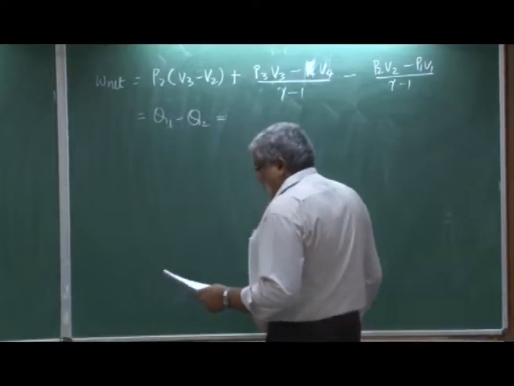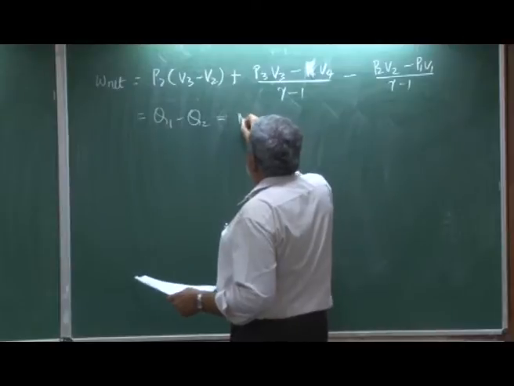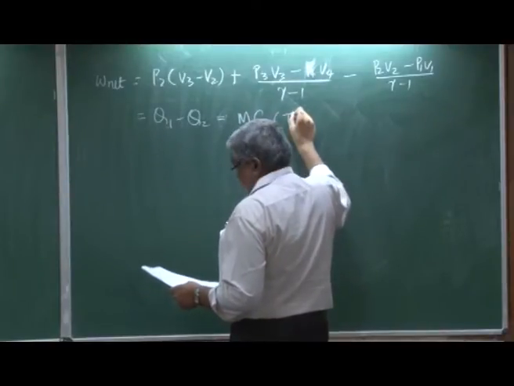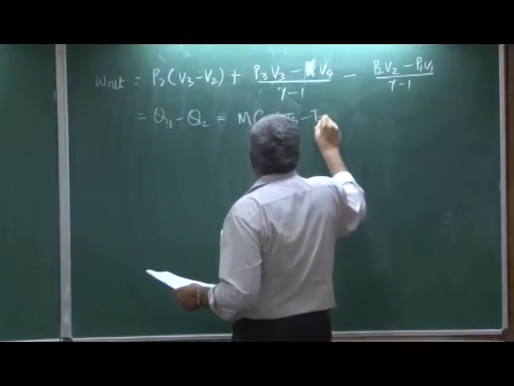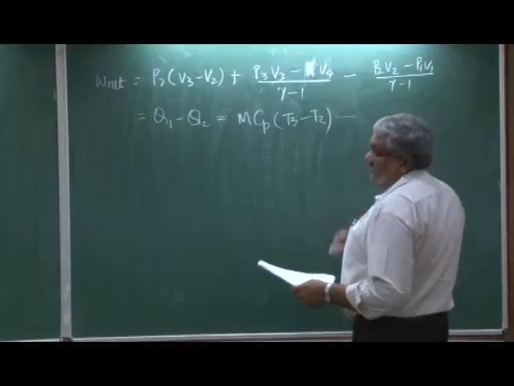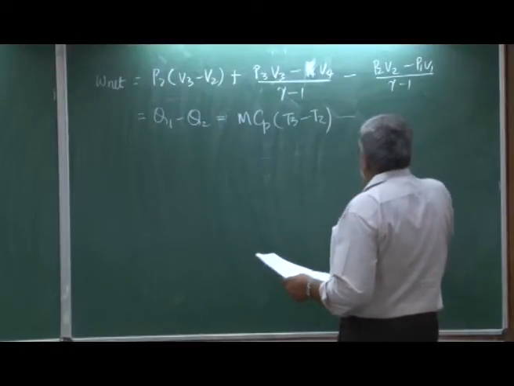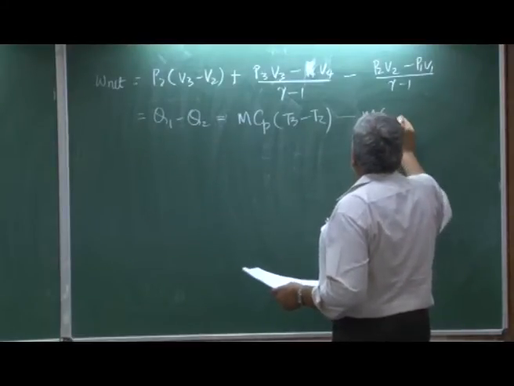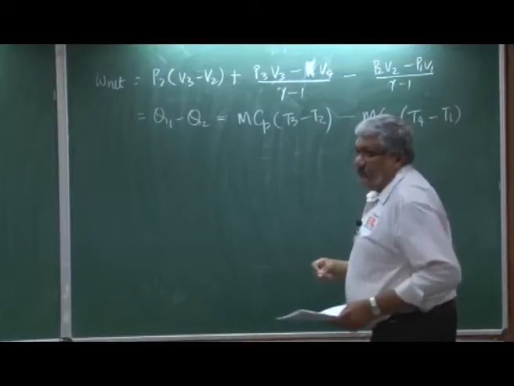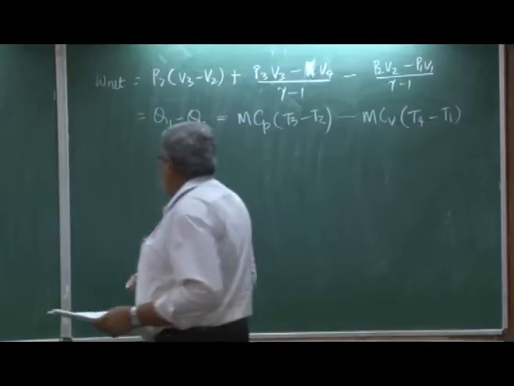And then you can express this as, what is Q1? This is m Cp (T3 minus T2), right? What is the heat lost in the blowdown? This is m Cv (T4 minus T1), okay?